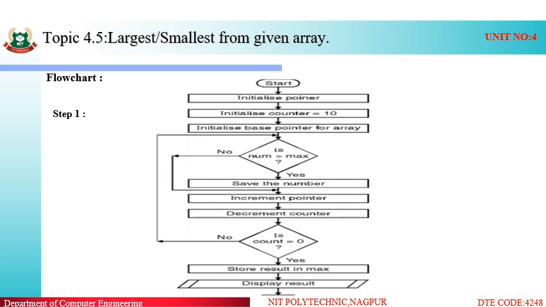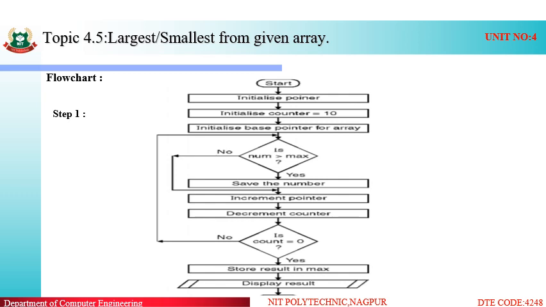The pointer register will point to the current element which is going to be processed. That means if the current index is 0, the 0th element will be present inside the particular register. Similarly, if we have to move to the first index, we have to increment the pointer. That's why we use the pointer register. So the pointer register will point to the current element inside the array. So we are initializing the pointer.